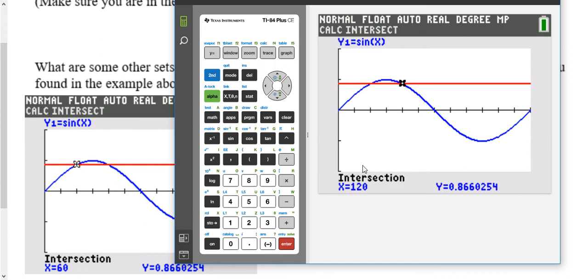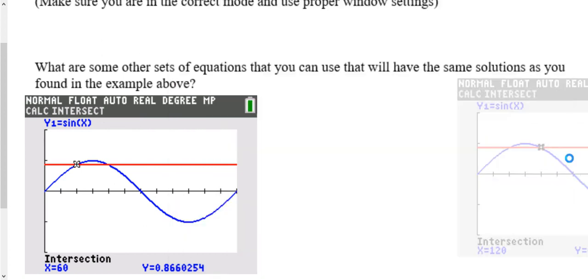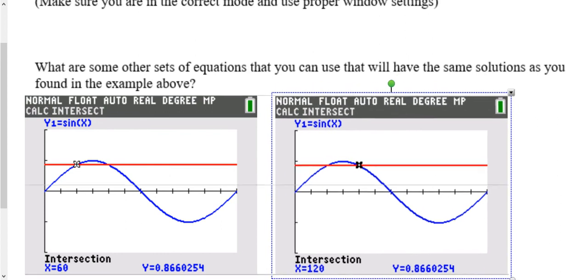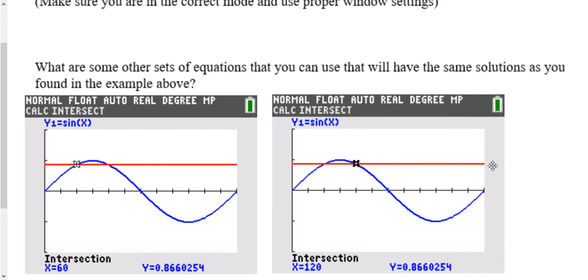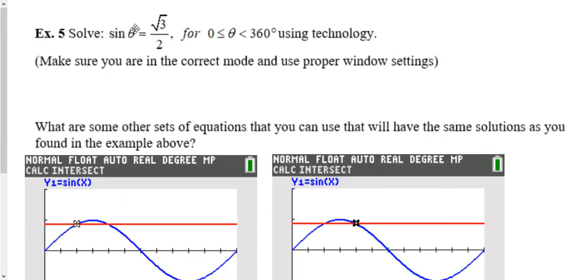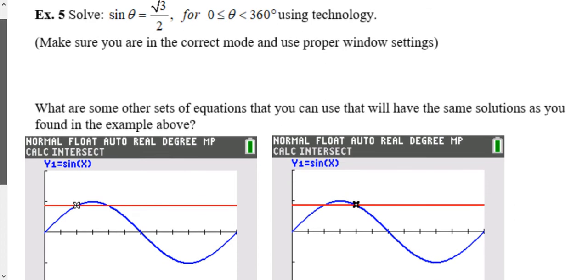Enter, enter, enter, and look, it actually does check out that it's 120 degrees. So this is what I have on my graphing calculator. Our graphing calculator basically solved this trig equation, and it's within our proper window setting of 0 and 360. How else could you have written this?